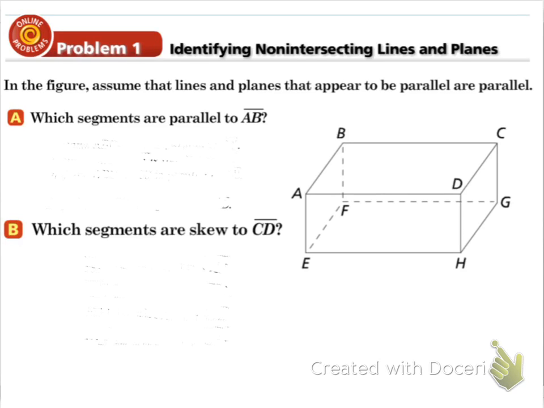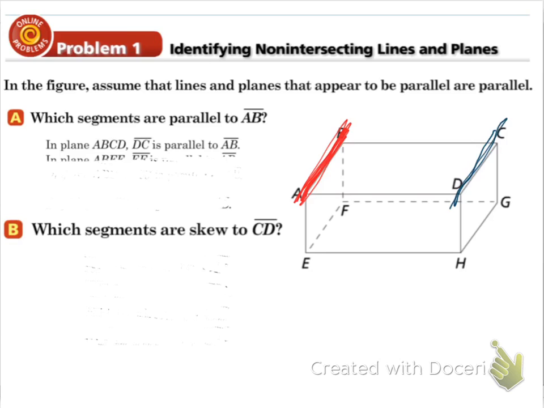All right, in the figure, assume that lines and planes that appear to be parallel are parallel. What segments are parallel to AB? So let me use a different color here. We're looking specifically at AB right here, and we're trying to figure out what lines are parallel to this. So the first one, if we look, is DC. So we have DC right here. That's the one that's parallel to AB.